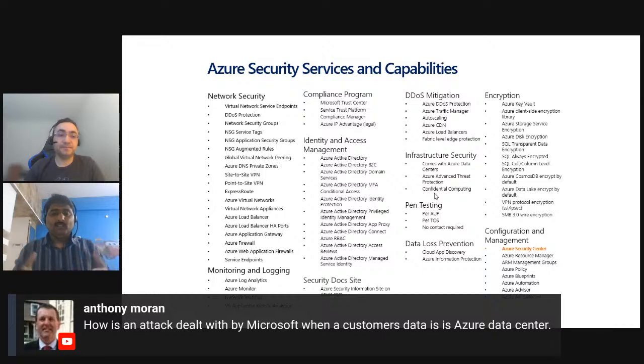Okay, so how Microsoft will deal with it. As I told in my previous slide, as and when there is any attack, or some compromise from the client or customer end, it could be one of the prospects.